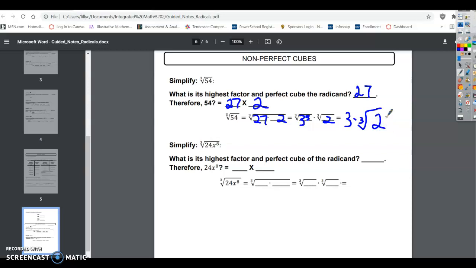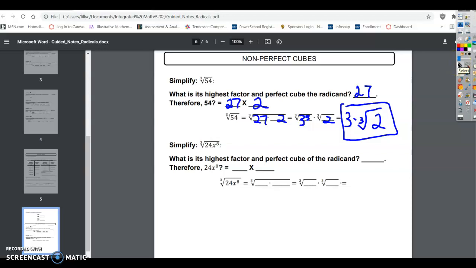So if we simplify the cube root of 54, we get 3 times the cube root of 2. Now, when you're doing square roots, the index is assumed to be a 2 if there's nothing there. You have to put the 3 for the index, or it does not indicate that it is a cube root. So don't forget your index when you're doing these.